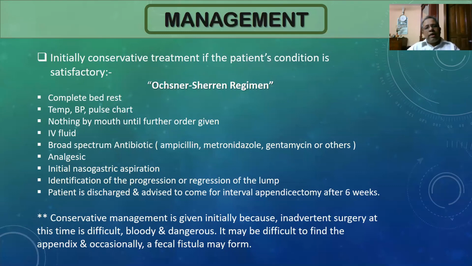The Ochsner-Sherren regimen is sometimes asked as a short note in the exam, sometimes in the viva, sometimes in the OSPE. So look, initially conservative treatment if the patient's condition is satisfactory.